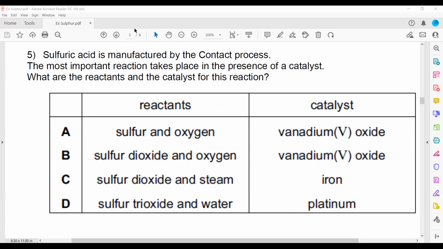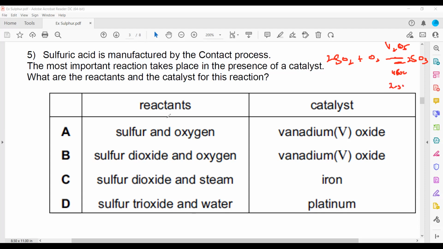Sulfuric acid is manufactured by the contact process. Which important reaction takes place in the presence of a catalyst? That is when sulfur dioxide mixes with oxygen to give sulfur trioxide. That is the most important, because if this reaction has a higher yield, we'll get more sulfuric acid. Vanadium pentoxide, V2O5, is the catalyst, and the temperature is around 450 degrees centigrade at 2 to 3 atm.